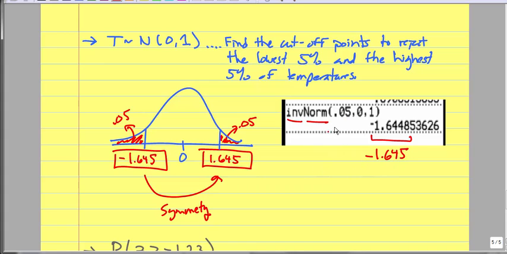Now remember, this is always going to be inverse normal. This would be the shaded area that's always to the left, mean and sigma. So those are some of the things we need to look for. And remember, because of symmetry, if I'm 1.645 below the mean, I'm also 1.645 above the mean for the same area in the tails. We're going to be using these ideas quite a bit over and over again, so understanding the idea of symmetry will be really important.